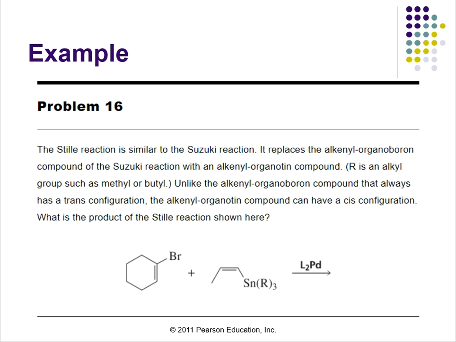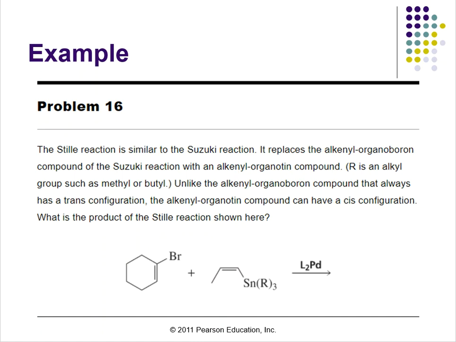Finally, one more, and then we're over for Suzuki. Here's another example problem. The Stille reaction is similar to Suzuki, but it uses tin, an alkenyl organotin compound. And this is very similar to how Suzuki operates, but in Suzuki we often said trans is going to happen.